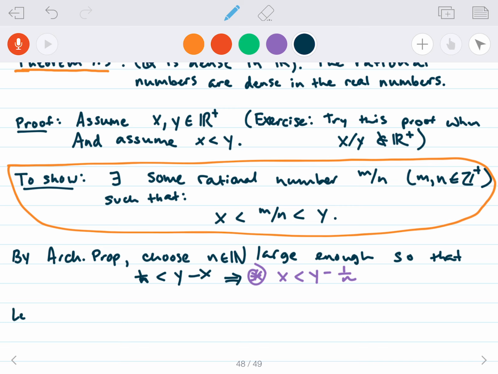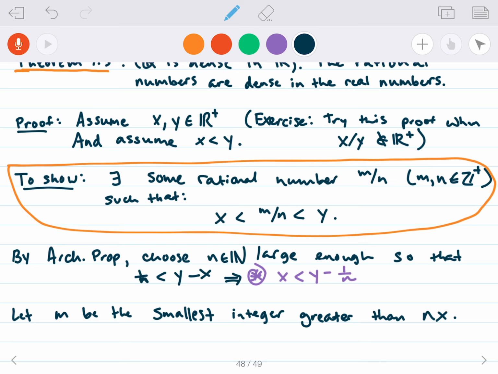And now we want to let m be the smallest integer greater than n times x. So n times x could be an integer, it doesn't have to be an integer, but we're going to let m be the smallest integer greater than nx.